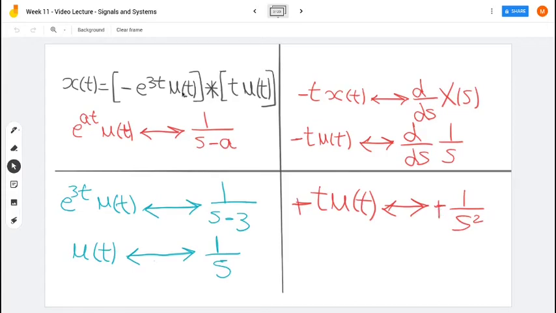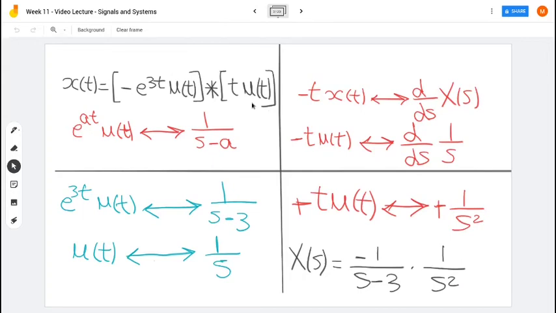And since the convolution property says if we are doing convolution in time domain, this means we will be having multiplication in s domain. So the Laplace transform of the signal x of t will simply be the multiplication of, first we have a negative sign, it will be as is, so minus 1 over s minus 3, which is the transform of this part, multiplied by 1 over s squared, which is the transform of this part.